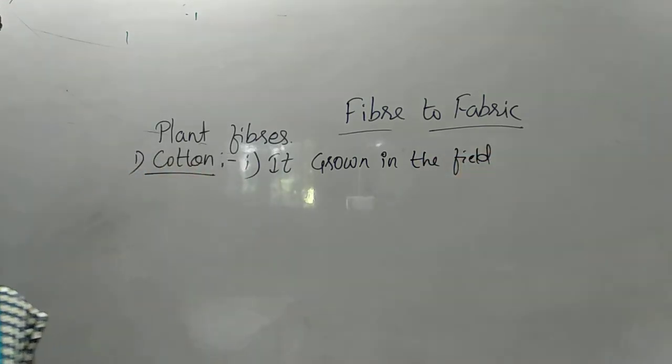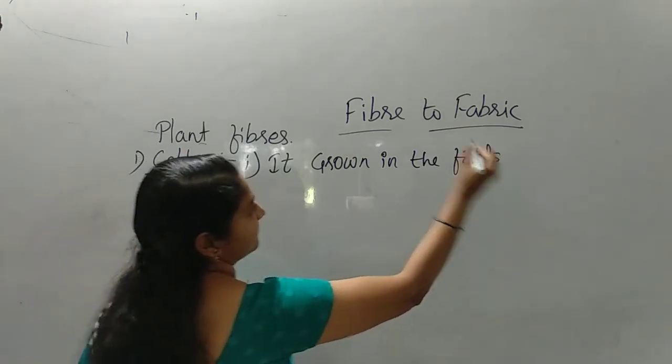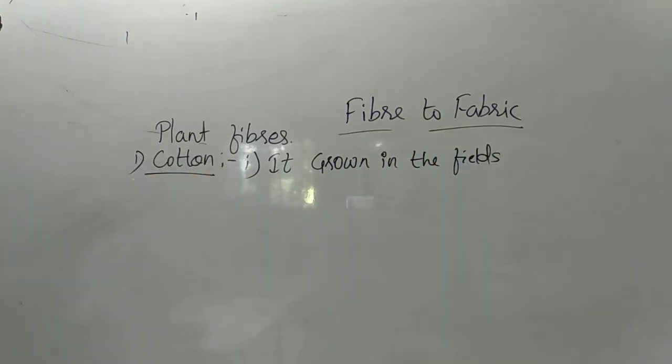Grown in the field. You can see them. Where is this cotton going to be grown? It is usually grown at places having black soil and a warm climate.